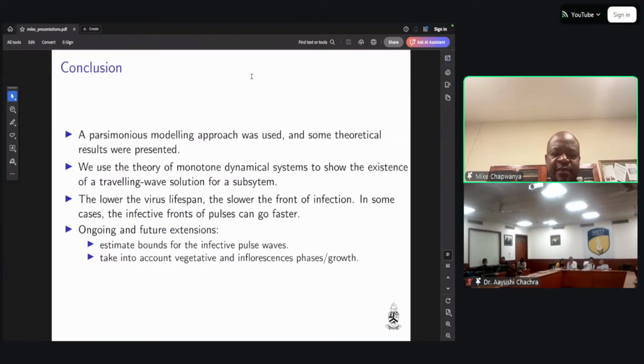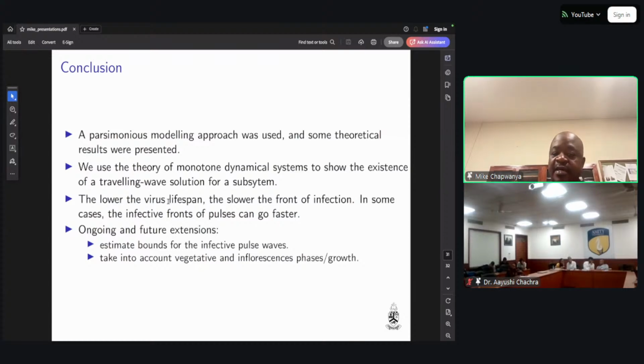So it makes it very difficult, but under some simplifying assumptions, one can try and understand how plant diseases are transmitted. Of course, here we use the theory of monotone dynamical systems to show the existence of traveling waves. One can also use other tools, but this is a well-established theory which made it very easy for us to do the analysis.